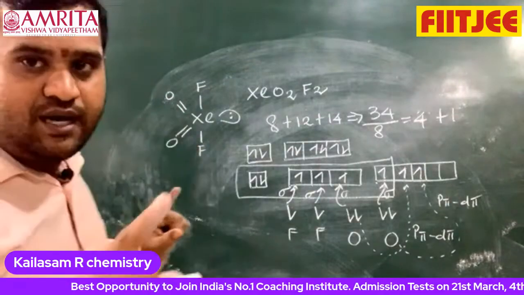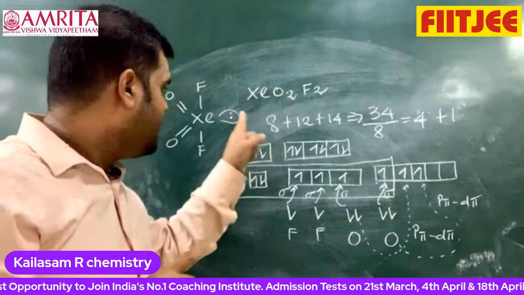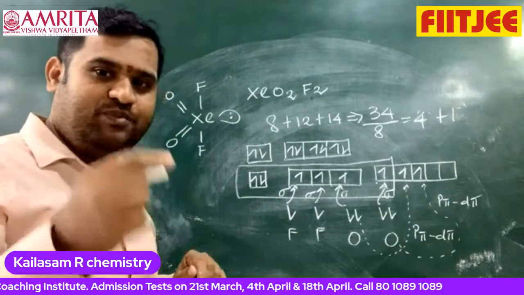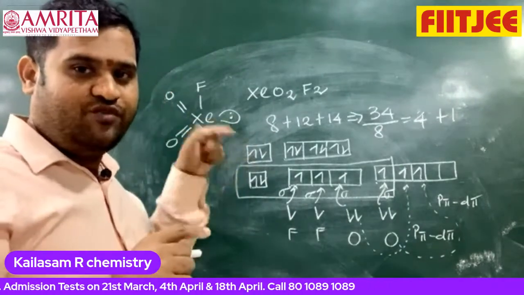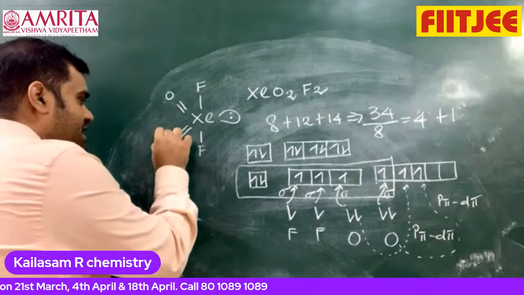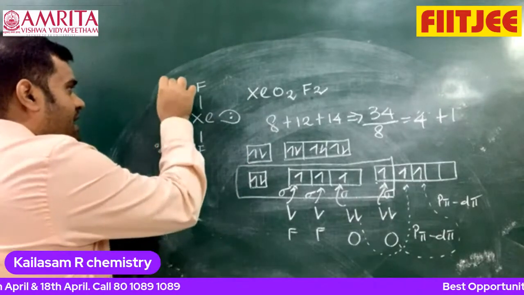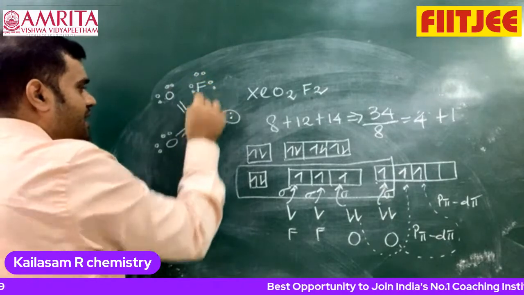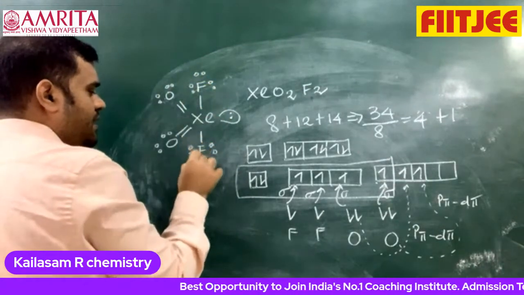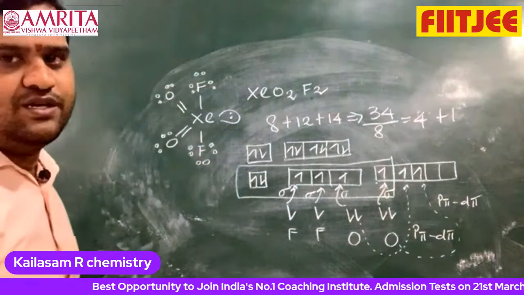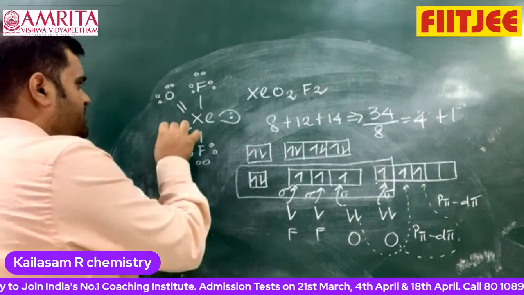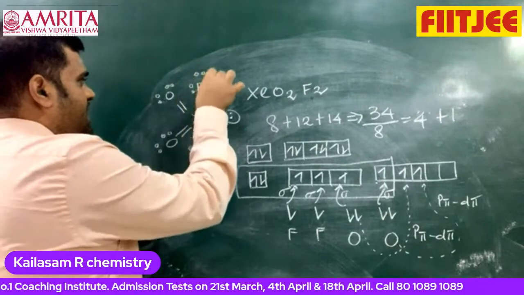If they ask how many lone pairs the central atom has, the answer is 1. If they are asking the total number of lone pairs present in the XeO2F2 molecule, you should consider everything. Look at this: 1, 2, 3, 4, 5, 6, 7, 8, 9, 10, 11.